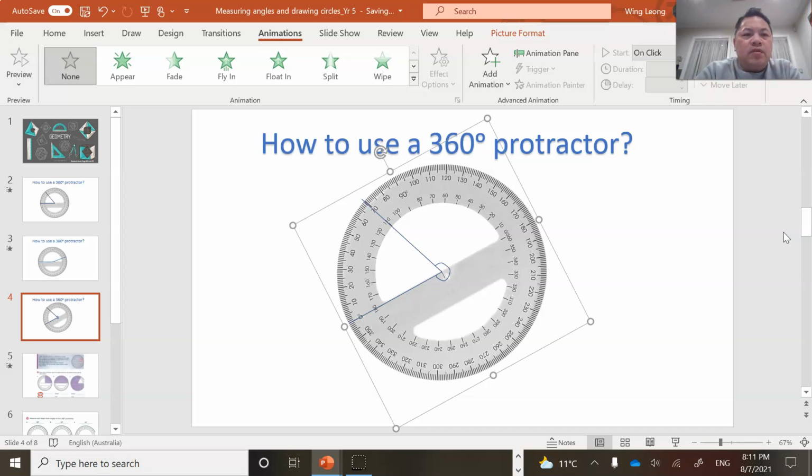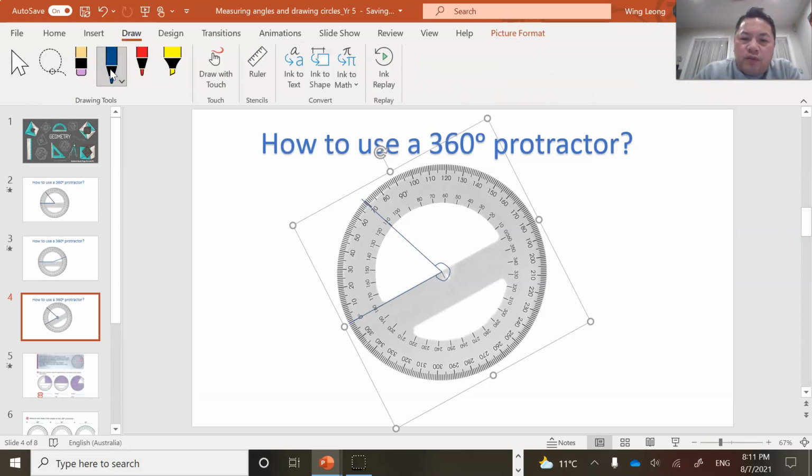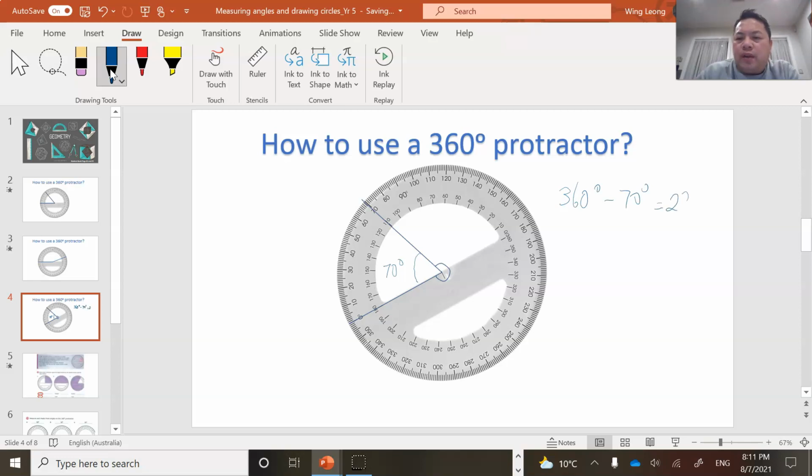So if this part is 70 degrees, do you agree that this whole angle will be 360 degrees minus 70 degrees, which is 290 degrees? So the reflex angle here is actually 290 degrees.